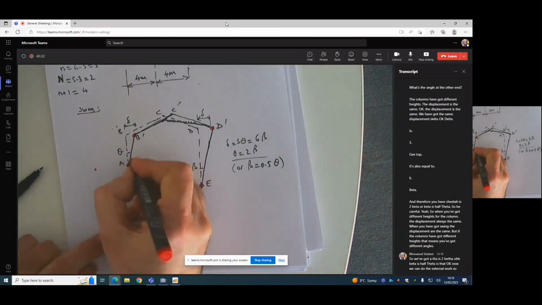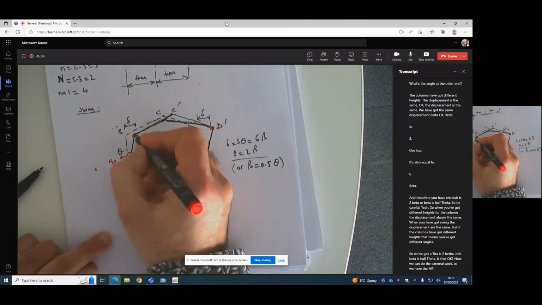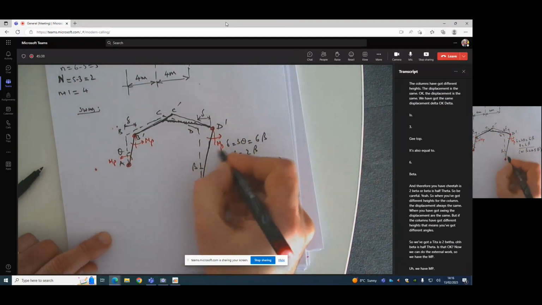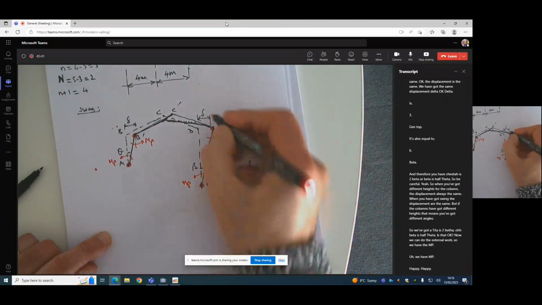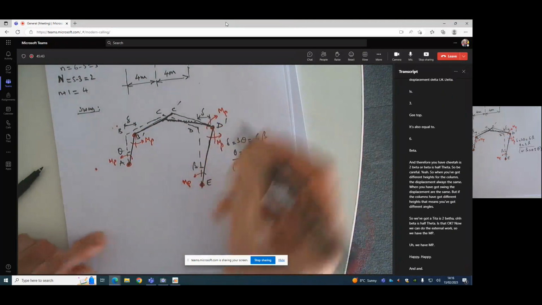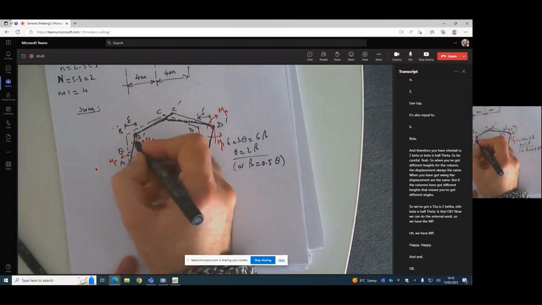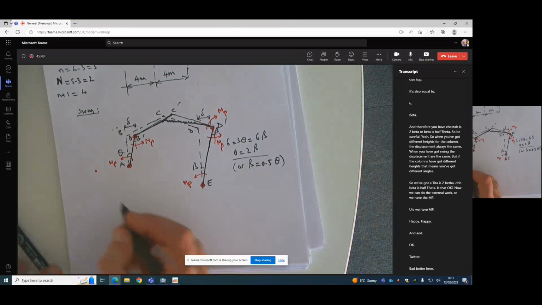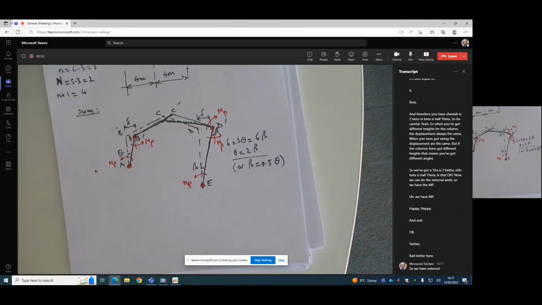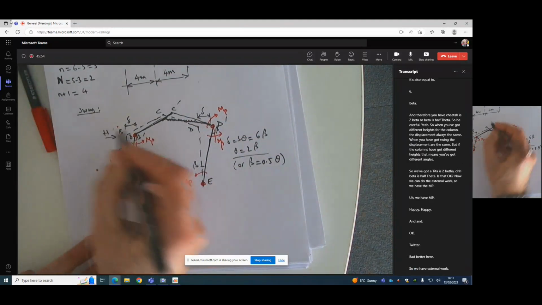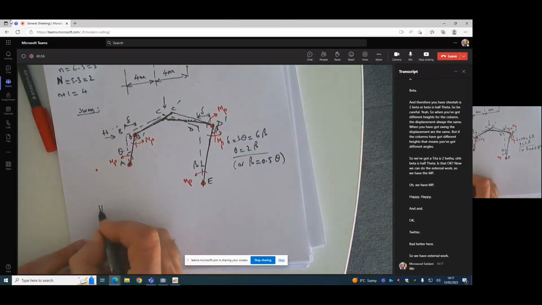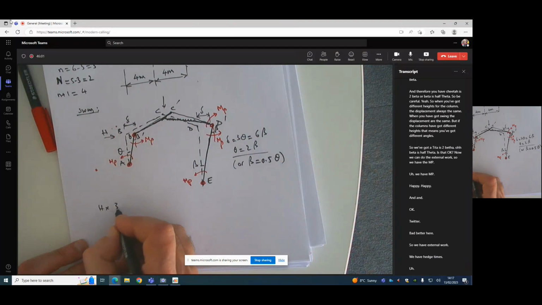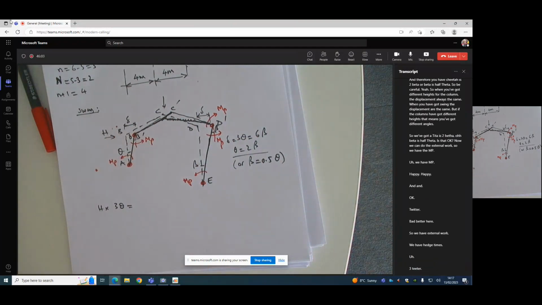So we have MP, MP, MP, and MP. Okay? Theta and beta here. So we have external work. We have H times 3 theta. Is that okay?